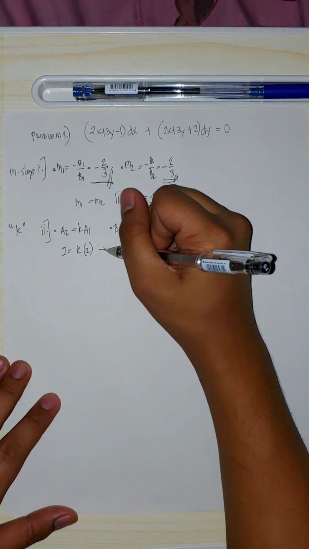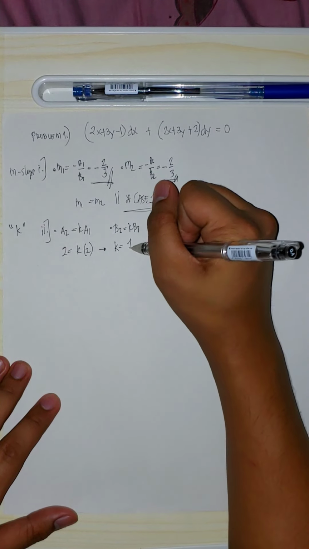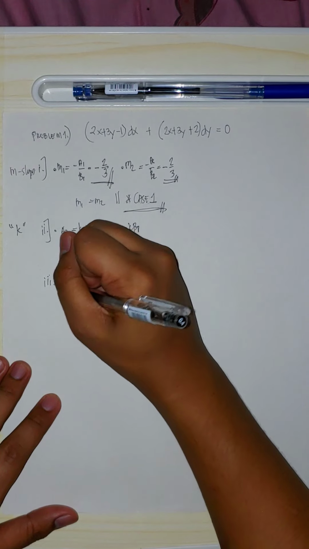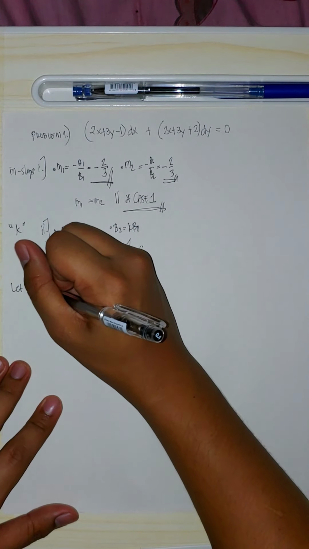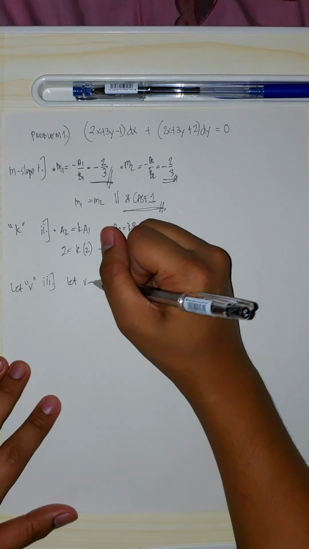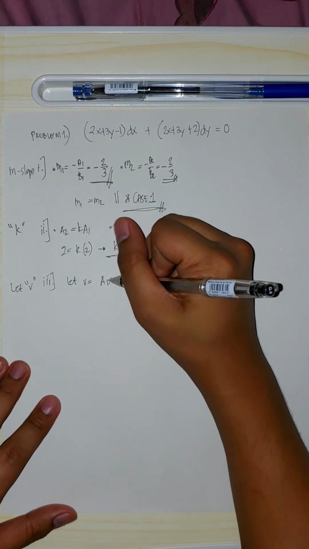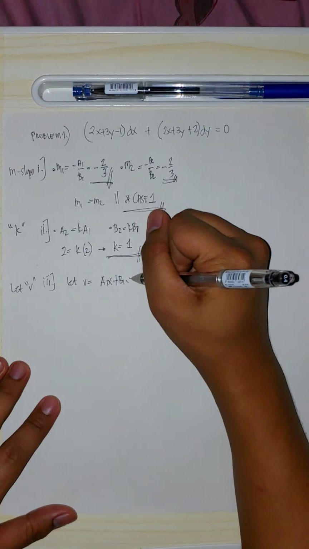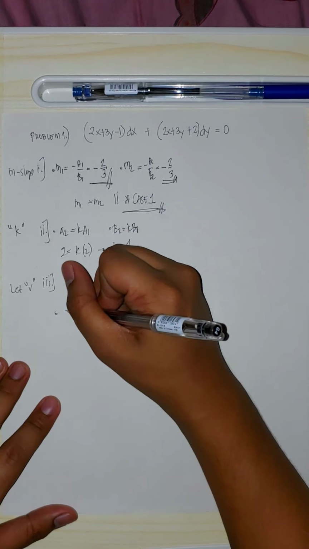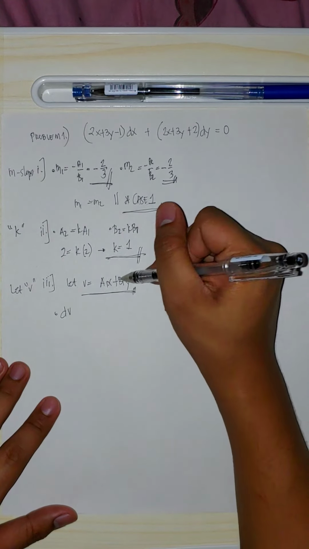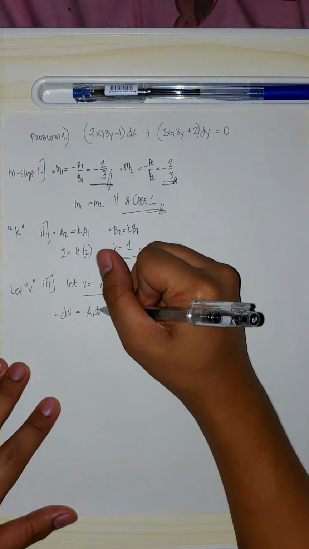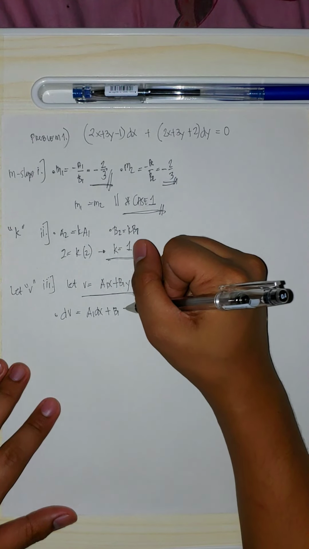Therefore, our proportionality constant k is just equal to 1. Next, what do we do? The let v. So we substitute. Let v equal a1x plus b1y. And afterwards, if we differentiate this one, you have dv is equal to a1 times dx plus b1 times dy.